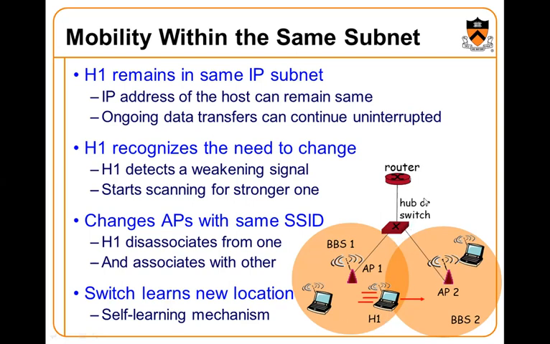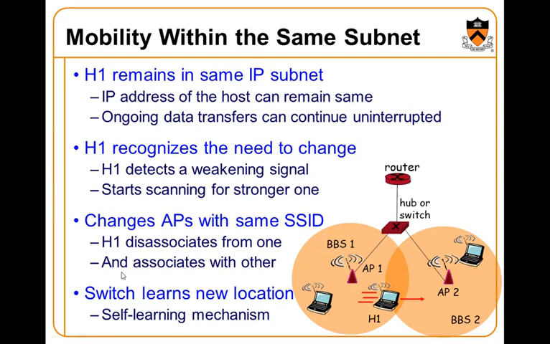And as you know, the underlying network, or you can say the backbone network, for this architecture remains the same. So there is no need to change the IP address or other credentials.